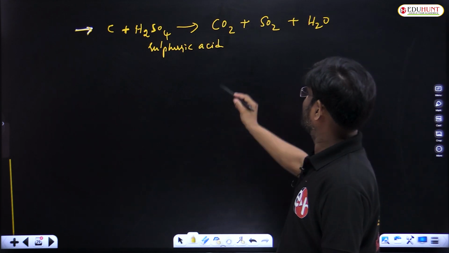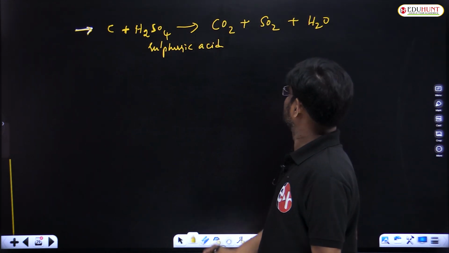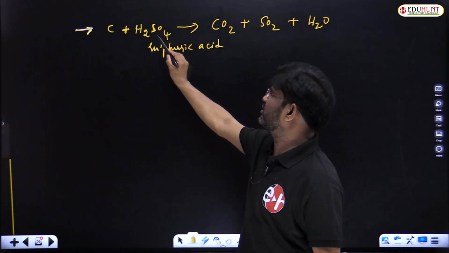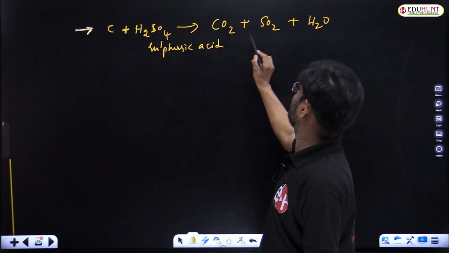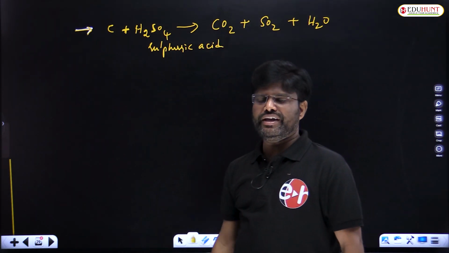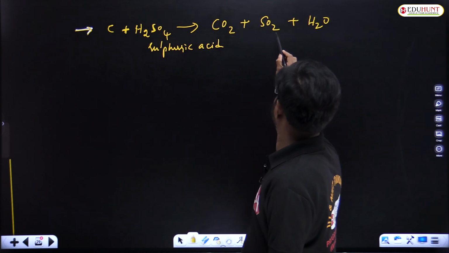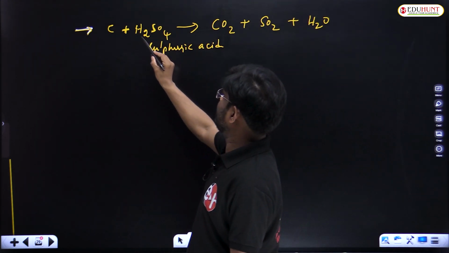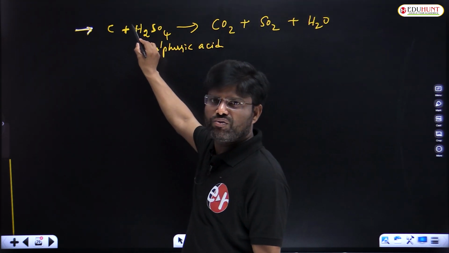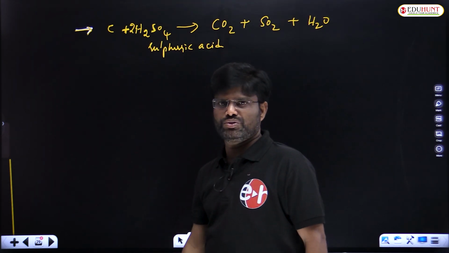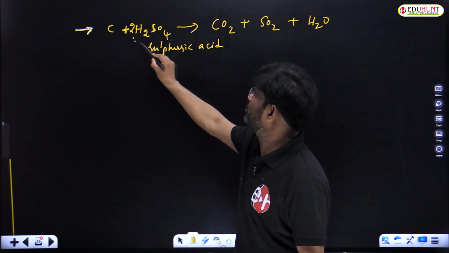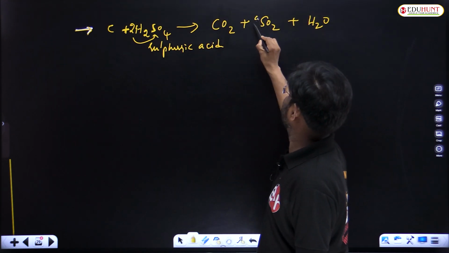Right, so balance this reaction. Here how many sulfurs? One sulfur, one sulfur. Carbon 1, 1 carbon. Oxygens: 2 plus 2 plus 1, how many? 5 oxygens. If I keep 1 here, it's not balancing, so I'm keeping 2 here. Now 2 sulfurs.